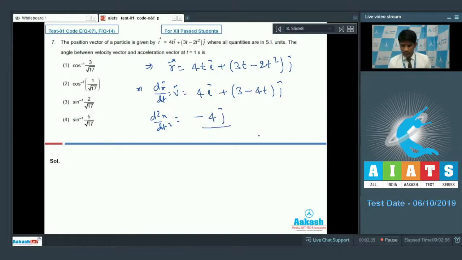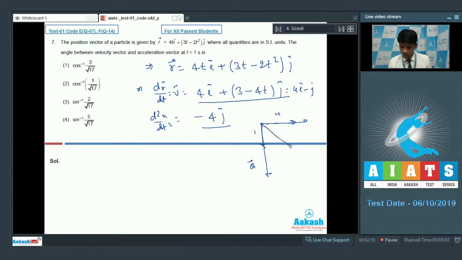If I take this to be the x direction and this to be the y direction, acceleration is along this direction only, and the velocity at t = 1 second is 4i, and putting the value 1 here, I'll get minus j. So velocity is 1 along this direction, 4 along this direction.